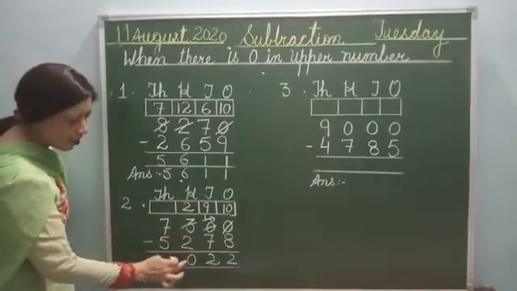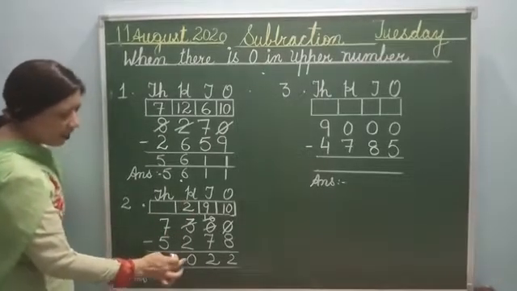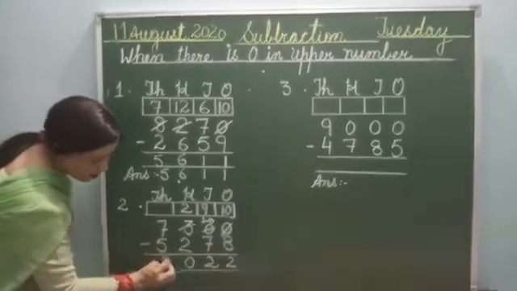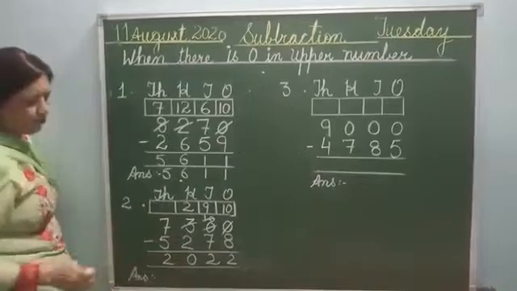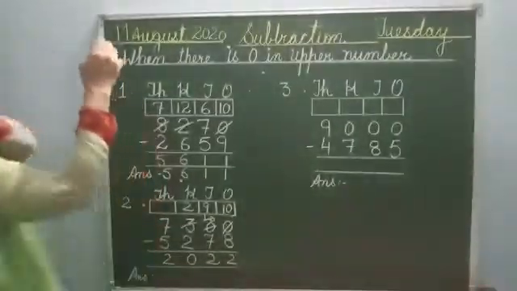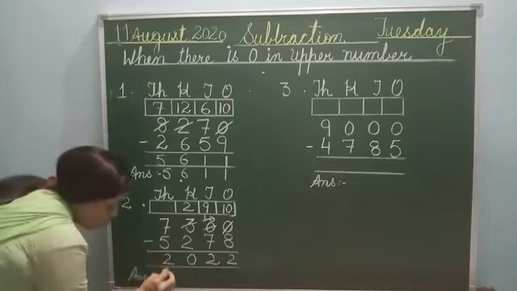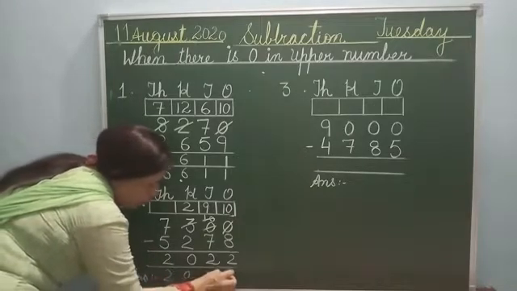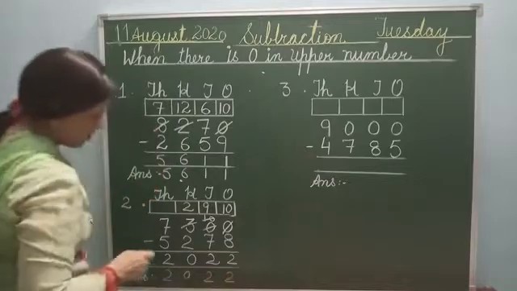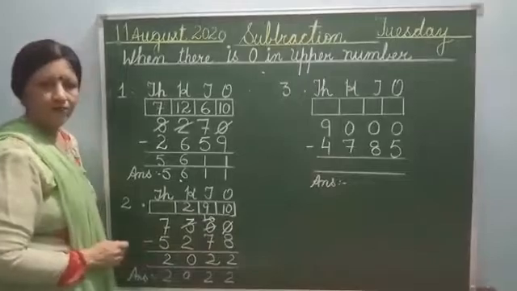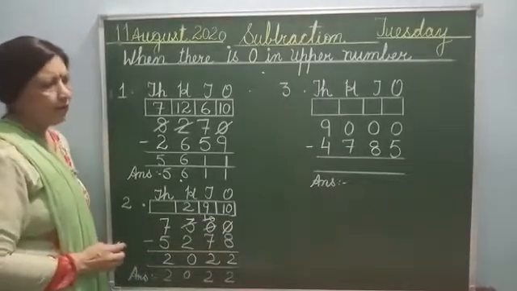And again 7 is greater. 7 minus 5 is 2. Answer is 2022. What is the answer? 2022. Is it clear beta?